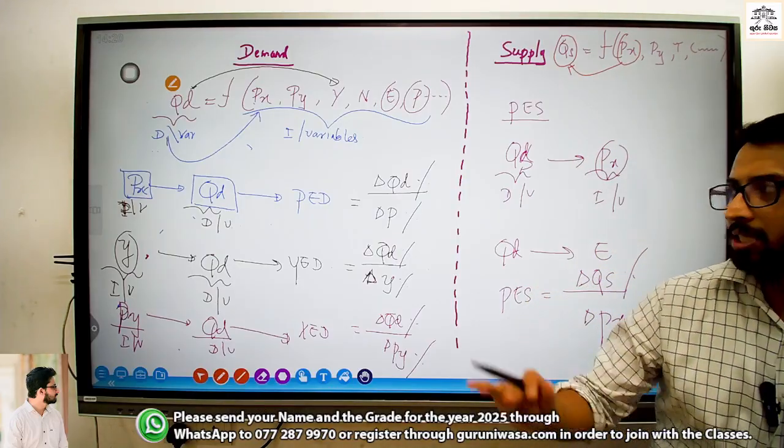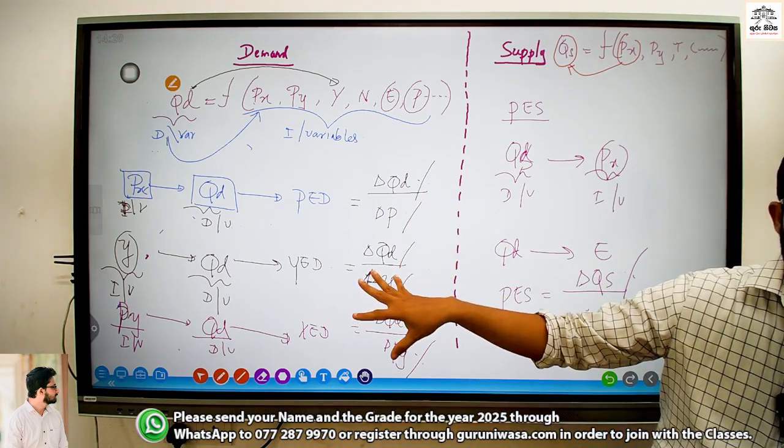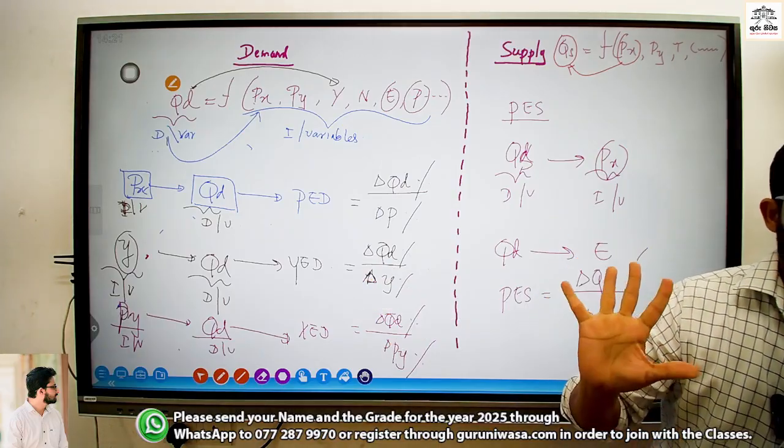You have to calculate how many parts? Four parts. Three parts on the demand side, one part on the supply side, altogether four.